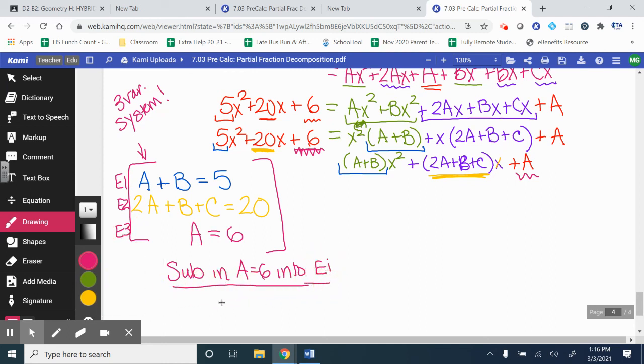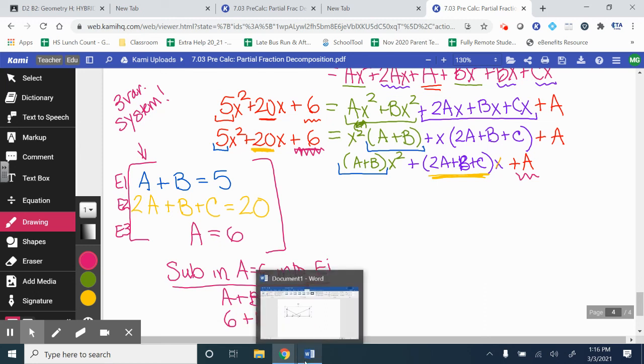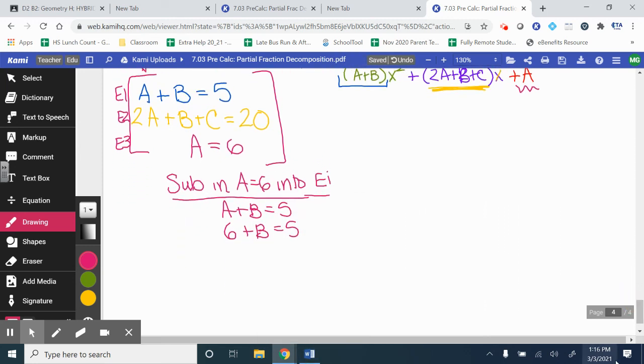So that's a plus b equals 5. So I'm going to put in a 6 for a and solve for b. So subtract 6 from both sides, leaving me with b equals -1. Now I have a and I have b. So I just need to find c. So now let's take equation 2.